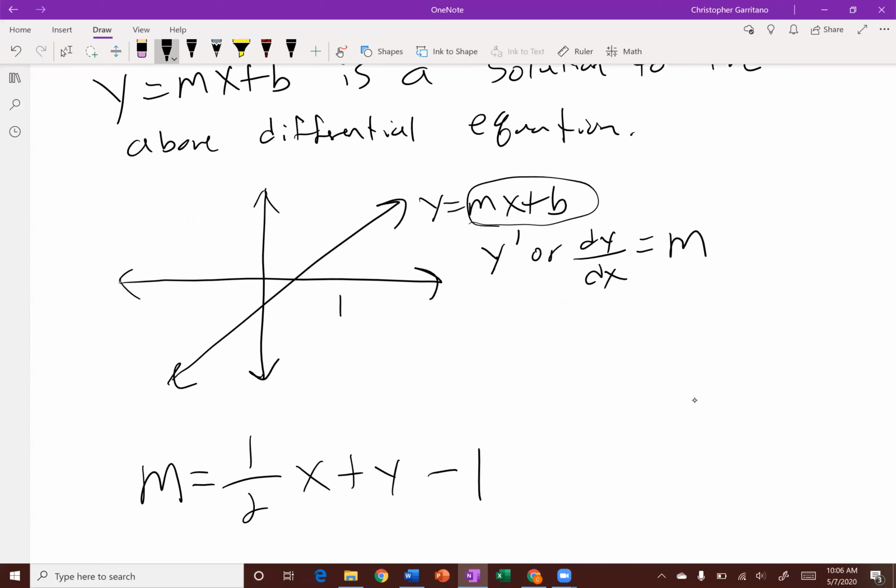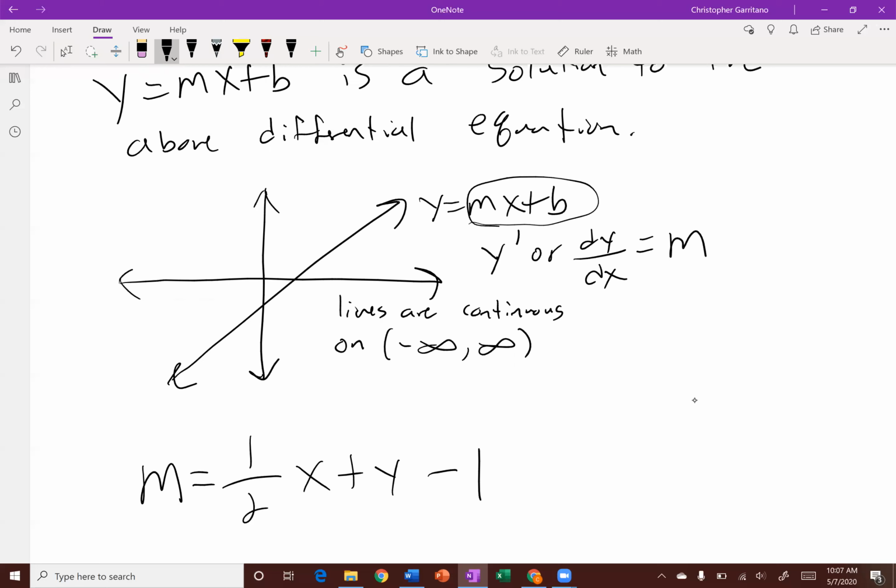We know that lines are continuous on negative infinity to infinity, right? So basically, I can choose any x value from negative infinity to infinity, and I know that my function will be defined for that x value.